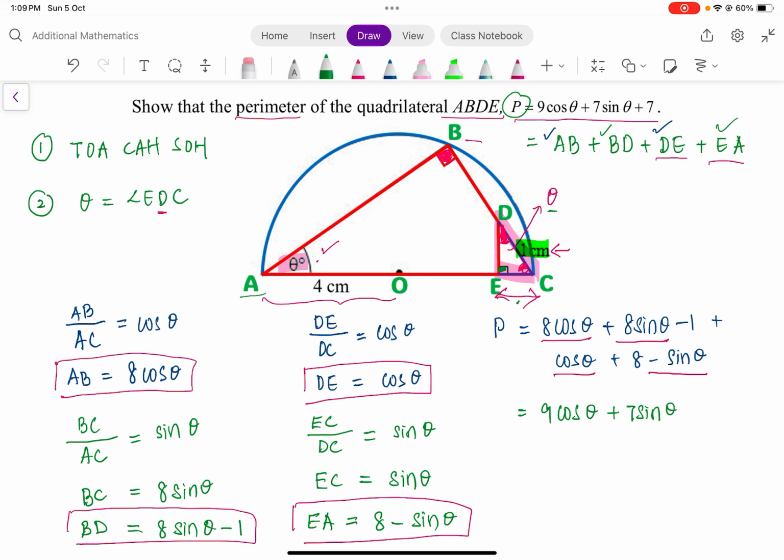And the last term is the constant, which is 8 minus 1, and 8 minus 1 is equal to 7. With this, I have shown that my perimeter P is equal to 9 cosine theta plus 7 sine theta plus 7. So we are done.